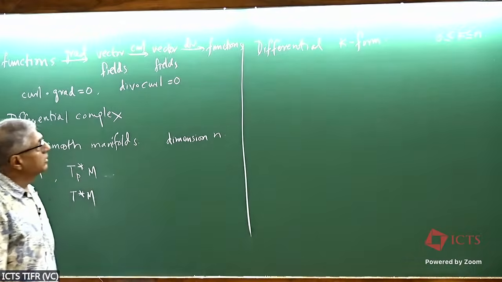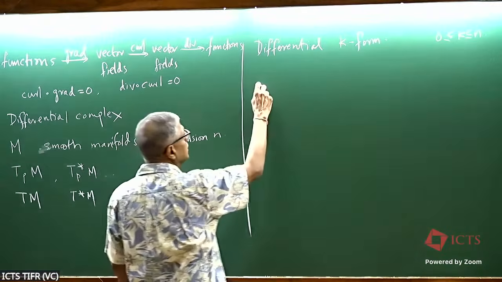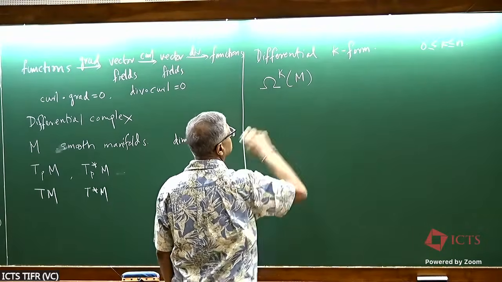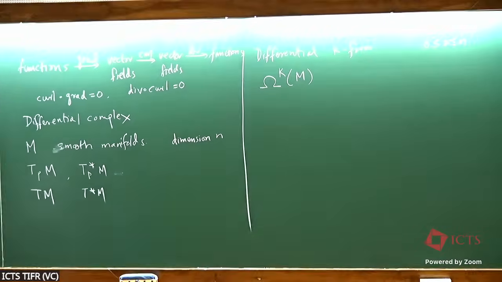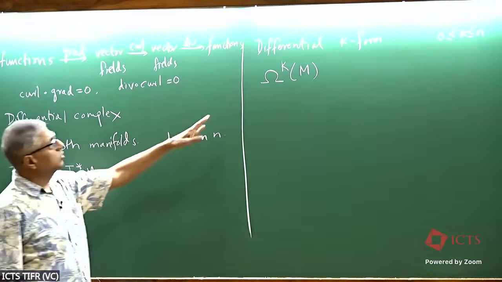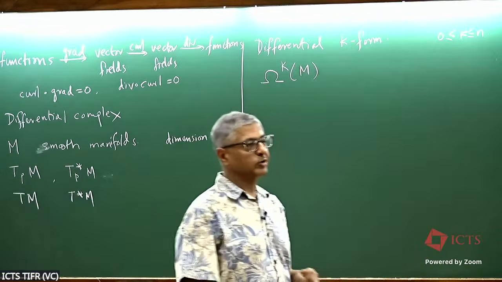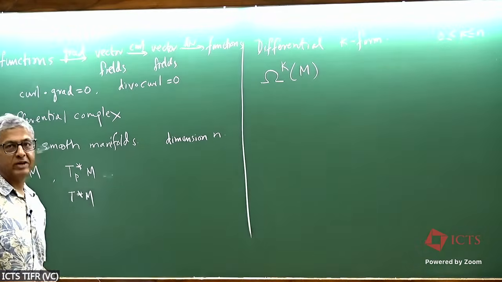The space of differential forms on a manifold M is often denoted by this notation. Many numerical analysts don't like to use this because omega is the domain, but we are trying to revolutionize the field and use omega.